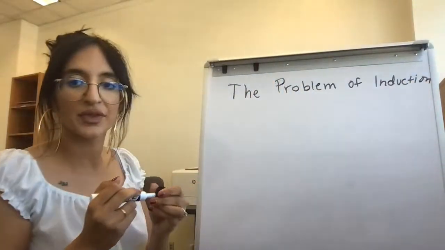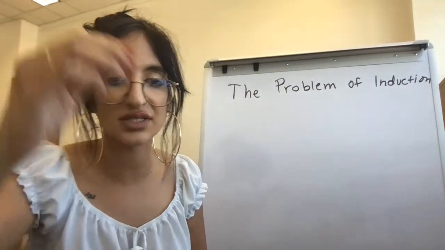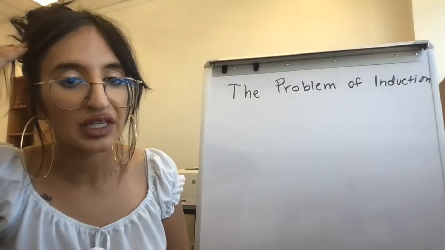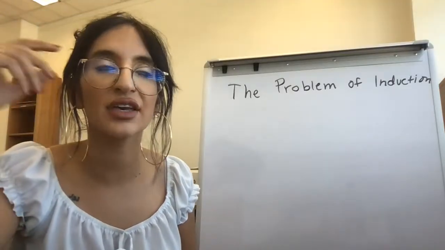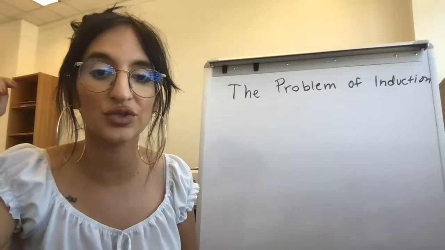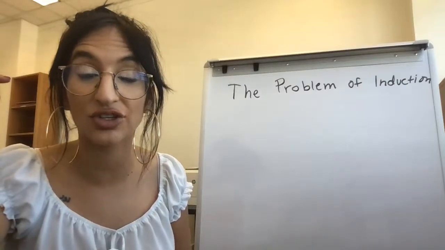Okay. So a little bit about David Hume. He's a very famous Scottish philosopher. He lived from 1711 to 1776, which was during the Enlightenment era and during the Scientific Revolution.